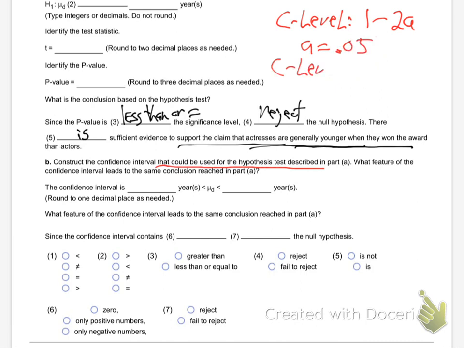So the confidence level is 1 minus 2 times 0.05. It's 1 minus 0.10. It's 0.90. So the confidence level is 90%, and we do a 90% confidence level.